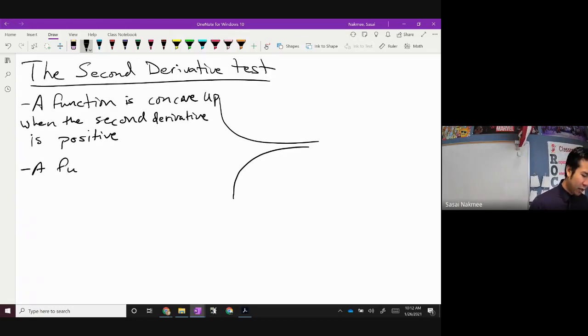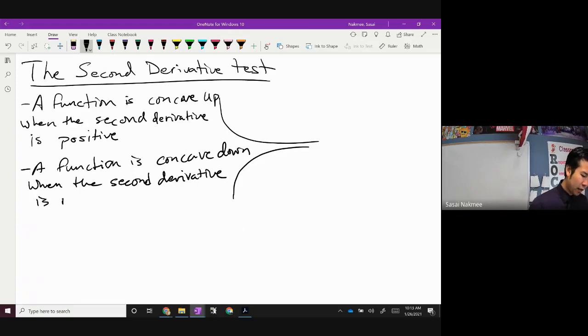And that happens, you've probably guessed it by now, when the second derivative is negative. A function is concave down when the second derivative is negative.